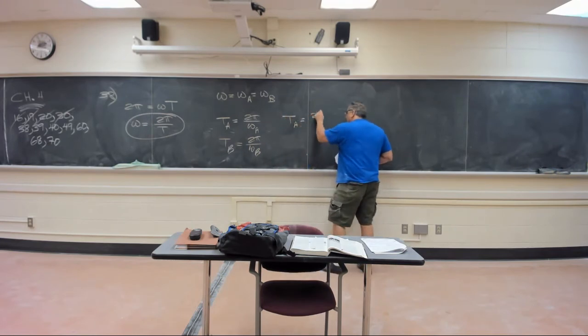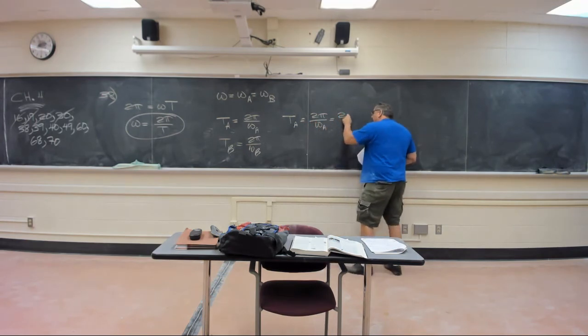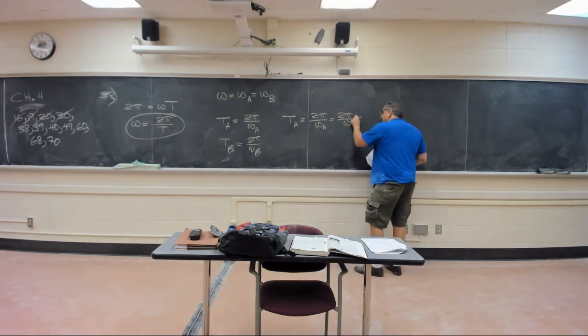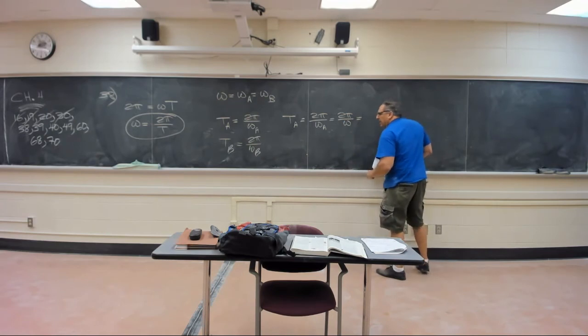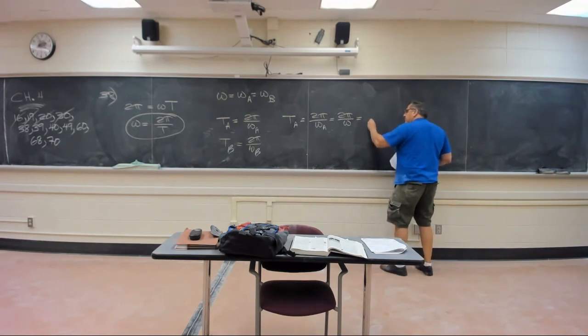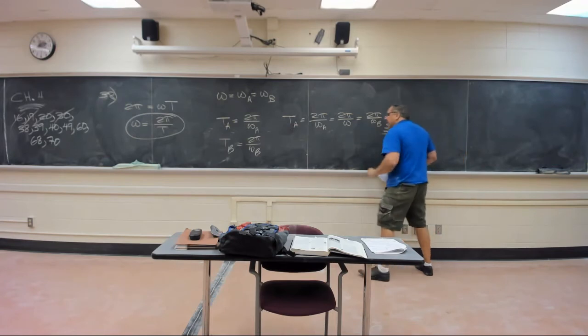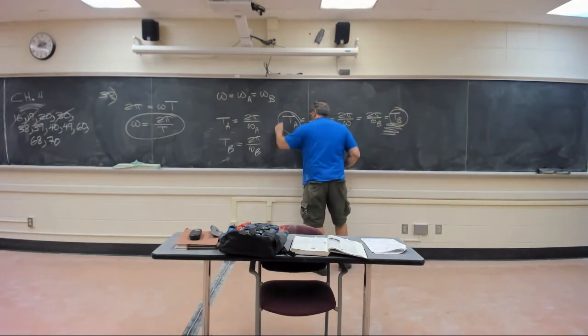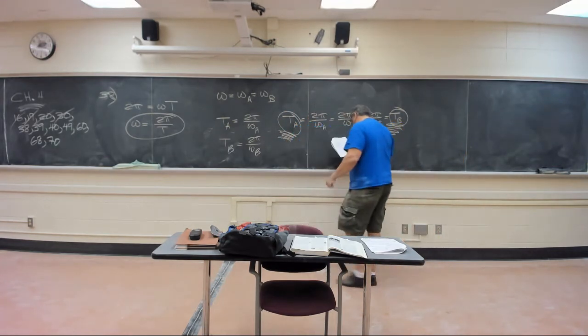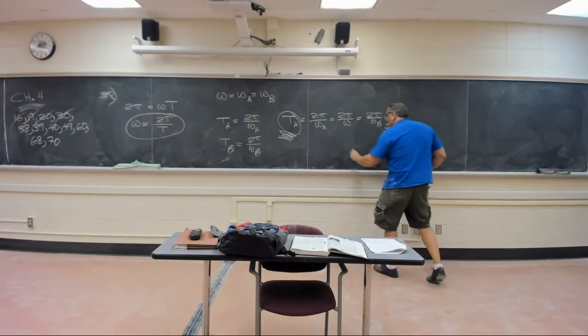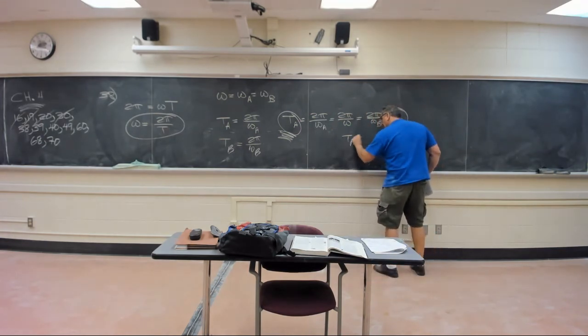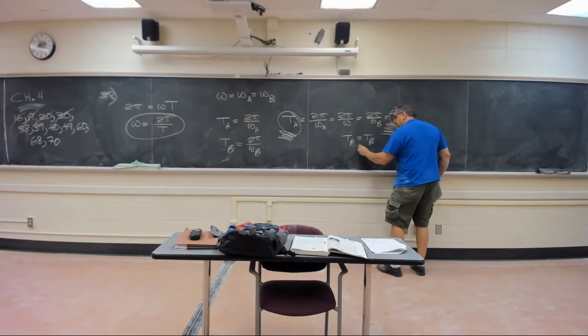T sub A equals 2 pi over omega sub A equals 2 pi over omega, the same thing as 2 pi over omega sub B, and that right there is equal to T sub B. The periods are equal.